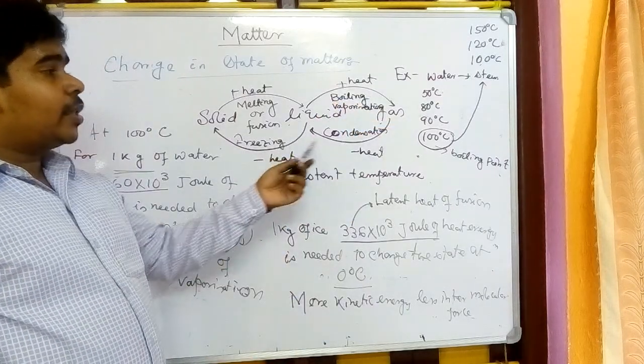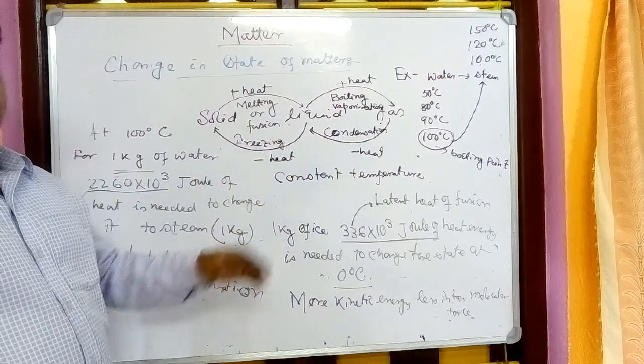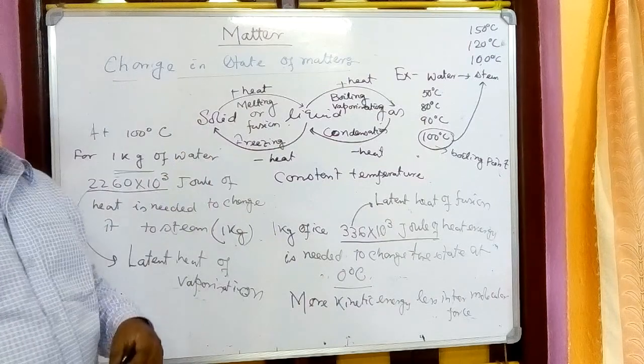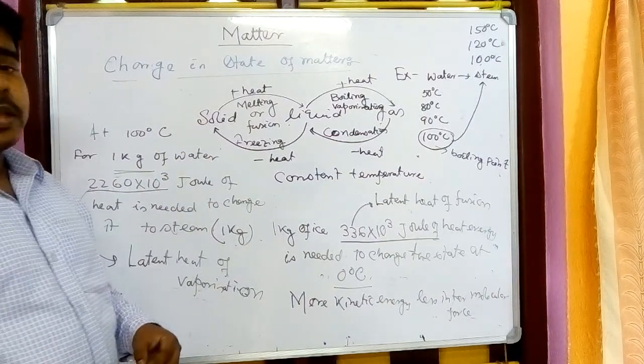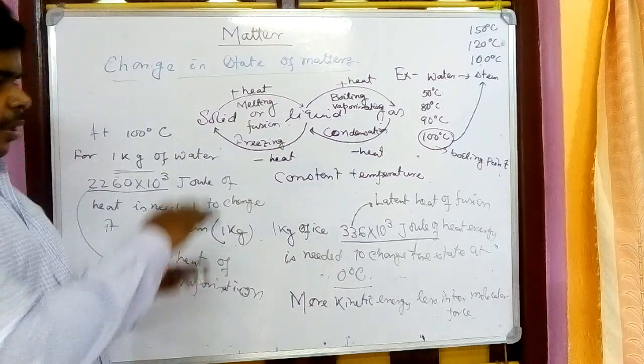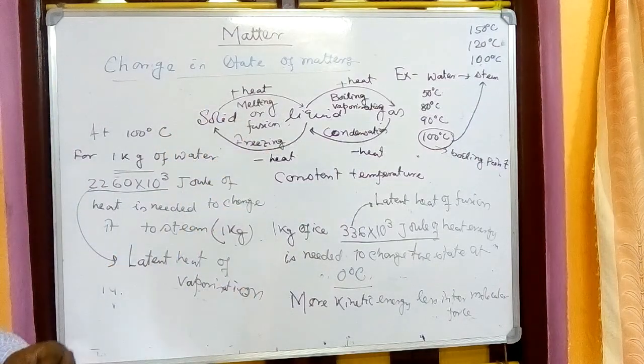Take heat energy away, the gas is converted into liquid; take more, liquid is converted into solid, as less heat energy means less kinetic energy and more intermolecular force. This is the story of change in state of matter.